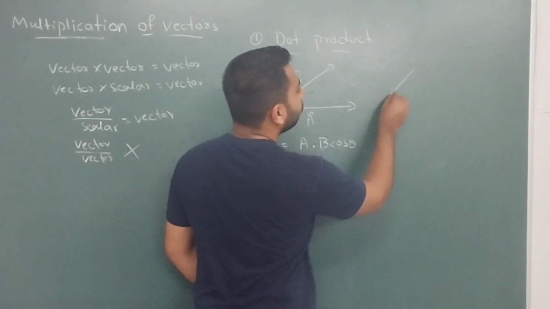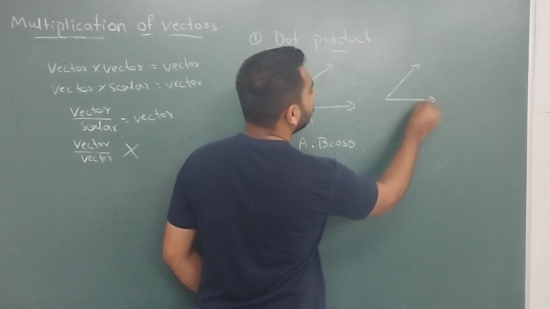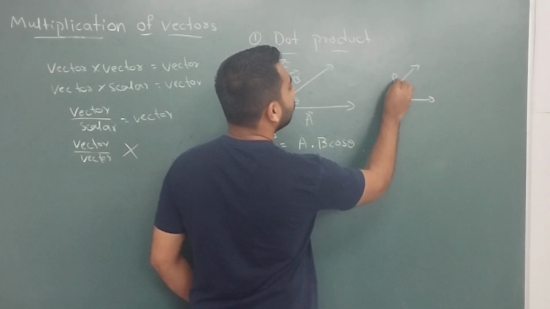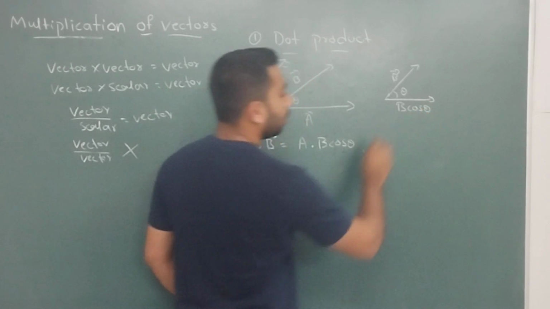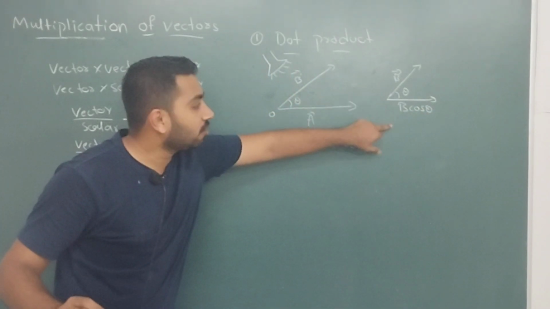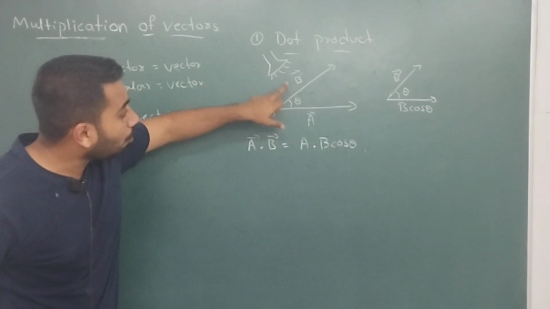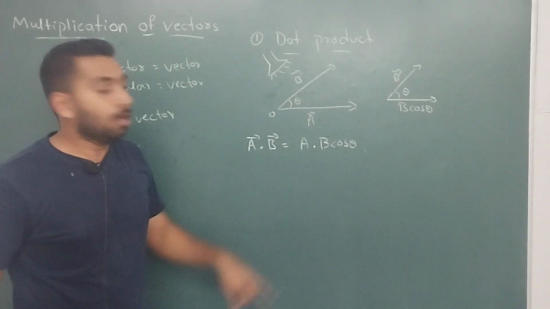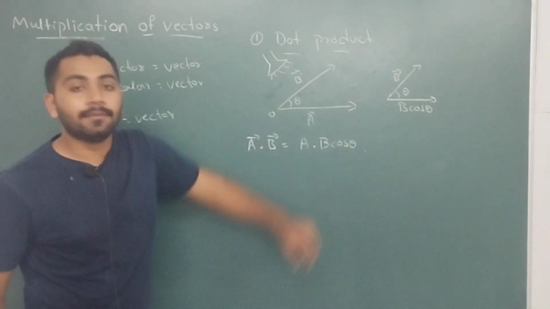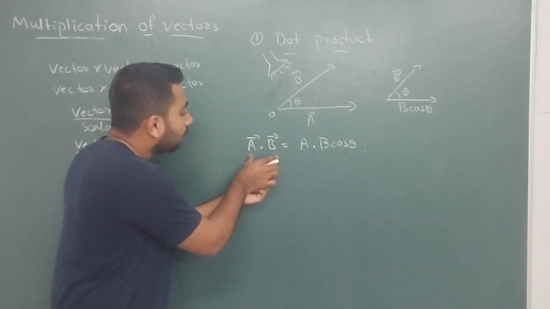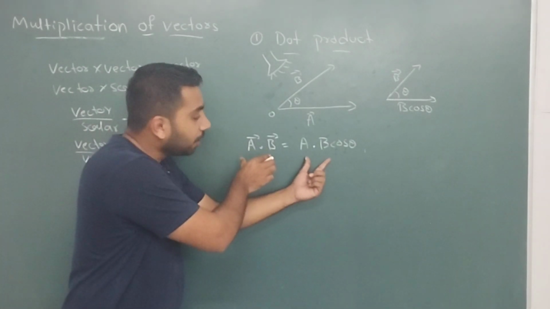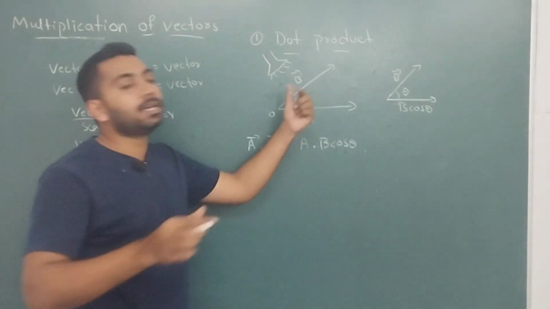Normally if we have only B, then we take B cos theta, which is basically the component of B, but here we are taking the component of B on A. Dot product of two vectors is the product of their magnitudes and the cos of the angle between them.